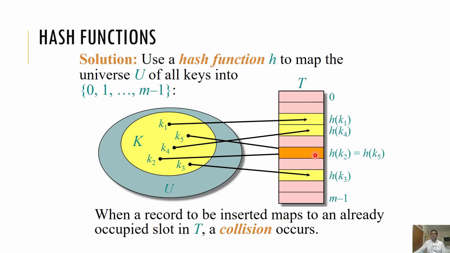Now the question is, we cannot avoid collision, because h is a function from U to this. H cannot be a one-to-one function, because U is a huge set and this is a smaller set.